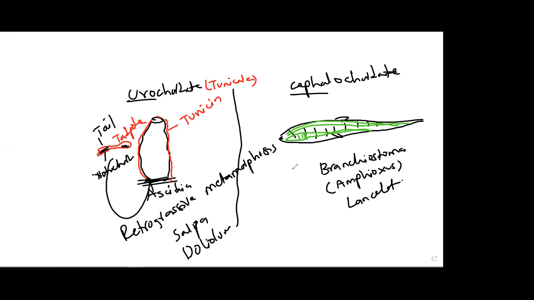Hence, they are called typical chordates.